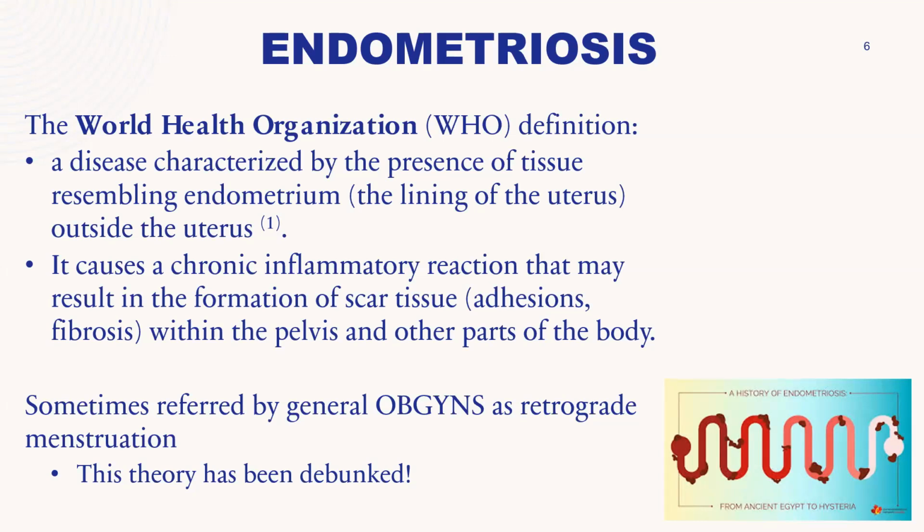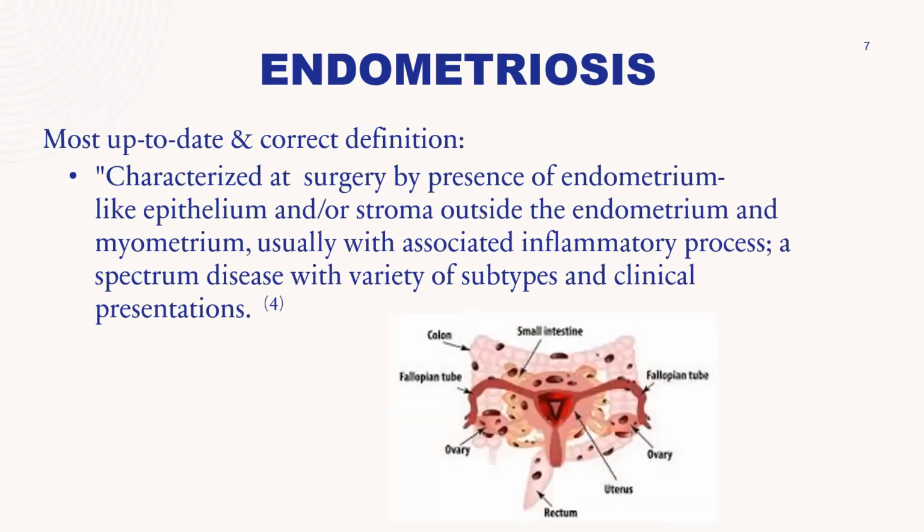The most up-to-date and correct definition of endometriosis is characterized at surgery by the presence of endometrium-like epithelium or stroma outside of the endometrium and myometrium, the muscle, usually with an associated inflammatory process.